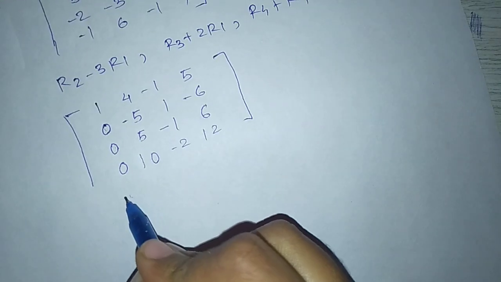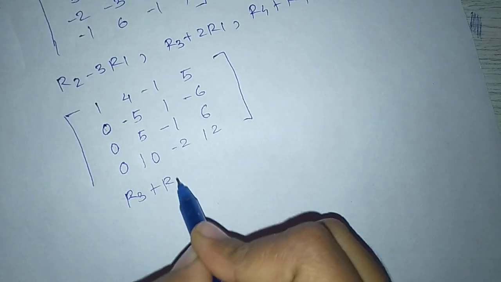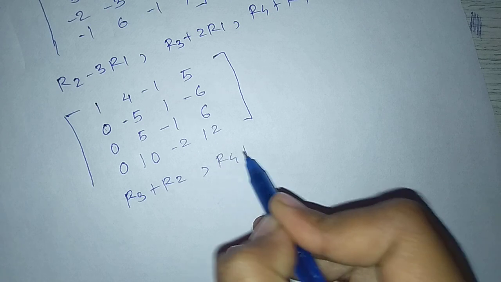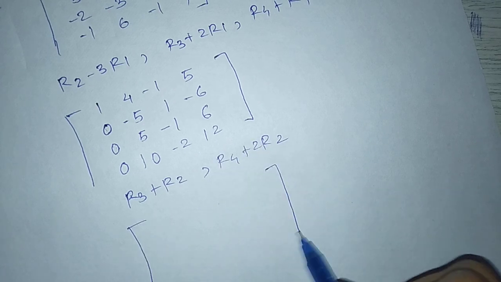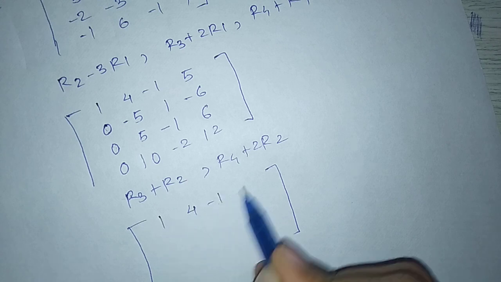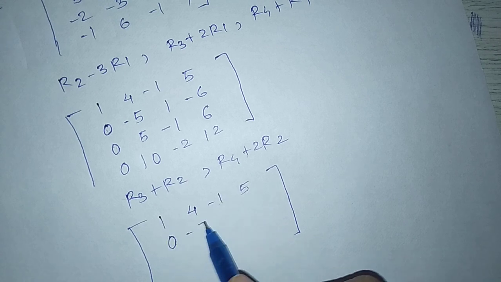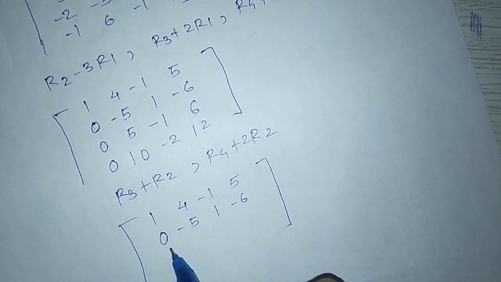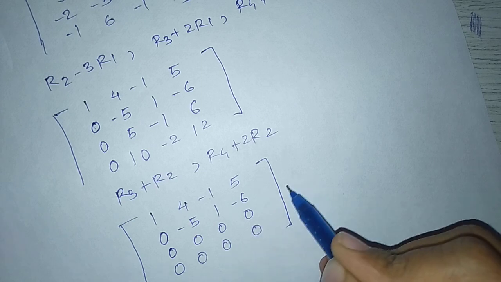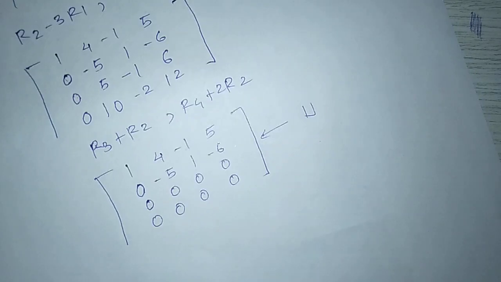The next row operations are R3 plus R2, R4 plus 2 R2. We get the first two rows as they are: 1 4 minus 1 5, and 0 minus 5 1 minus 6. The third and fourth rows become 0 0 0 0 and 0 0 0 0. This is nothing but your upper triangular matrix.